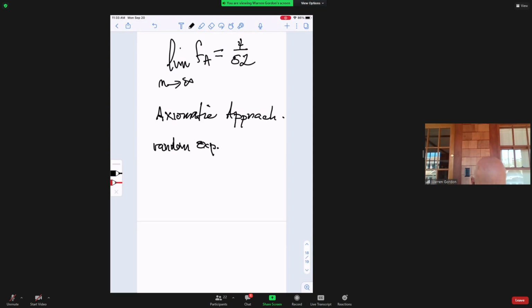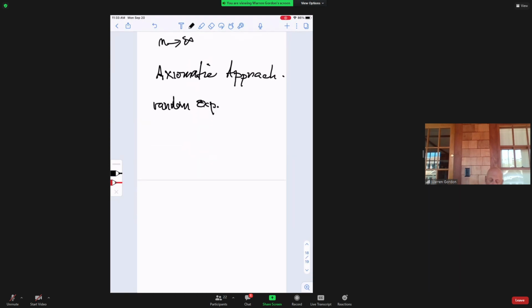So there are some terms that we want to talk about. Firstly, we want to define what we call the sample space.